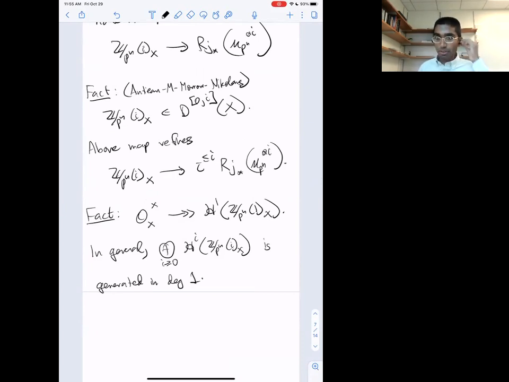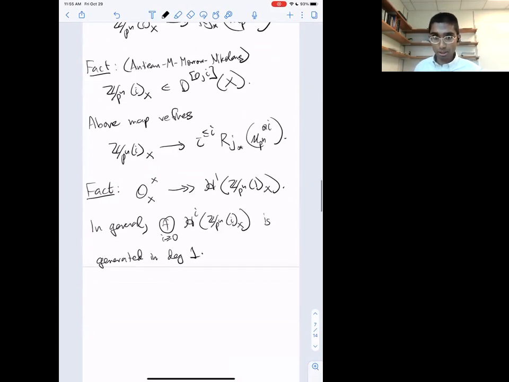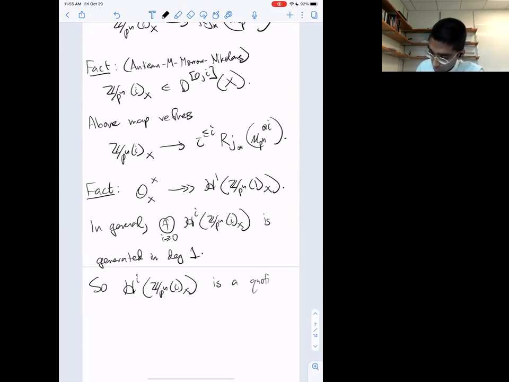Right, and so in particular, that means that it's a quotient. So in degree 1, you have the Kummer map, which goes from units into H^1, and this means that H^i of Z/p^n(i) on X is a quotient of O_X^× tensor i.